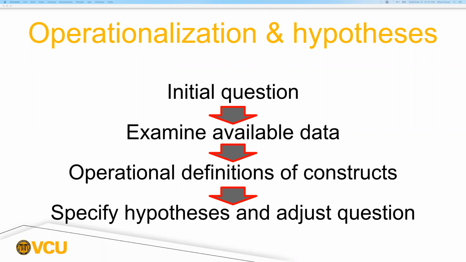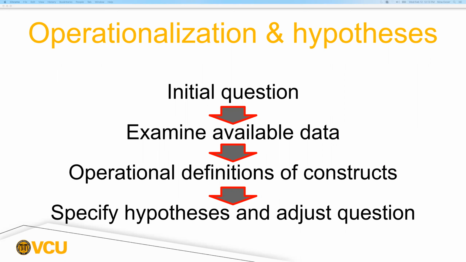So earlier I mentioned in the definitions operationalization, that process of turning a concept we want to measure into a specific way of representing it when we measure it in a given data point. How you operationalize your constructs into specific variables might have to be adjusted based on the variables that you have access to.